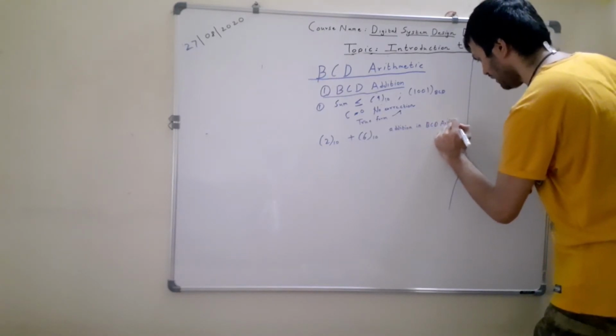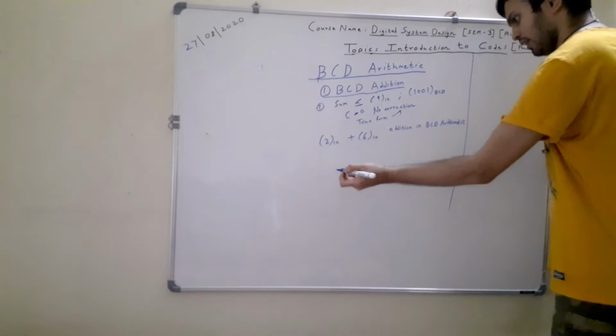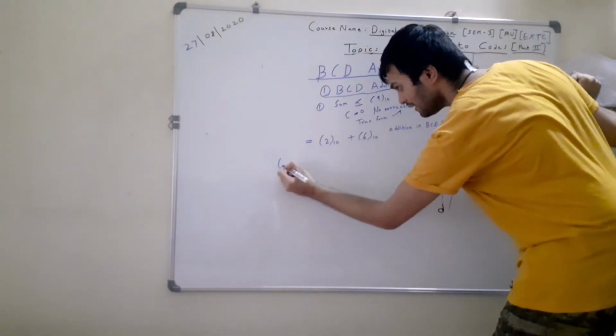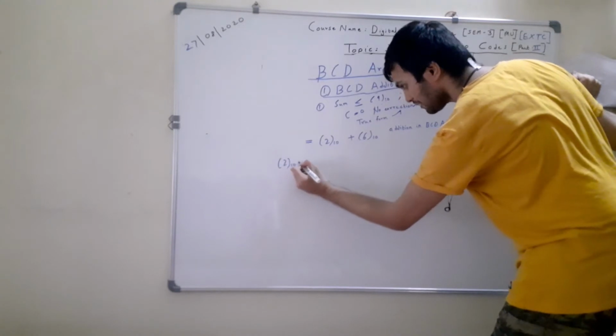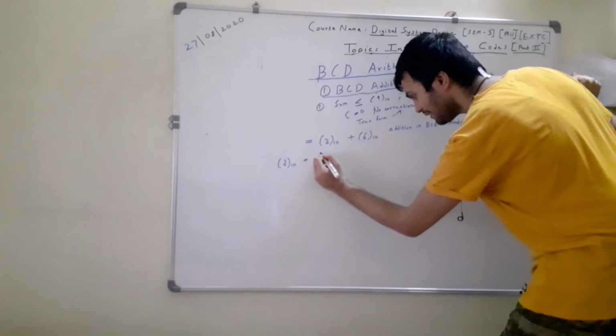Whenever we want to add two numbers in BCD, we first find the equivalent BCD representation.